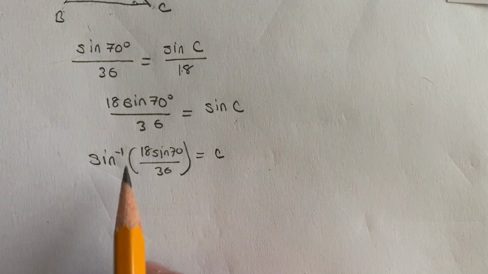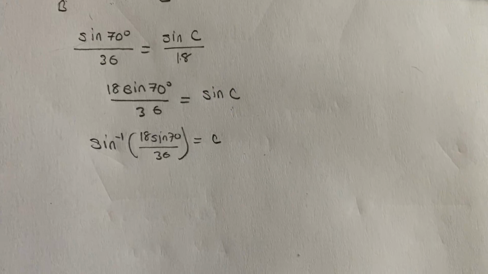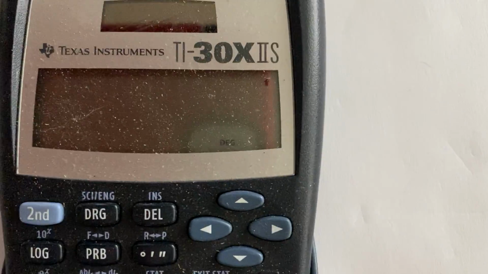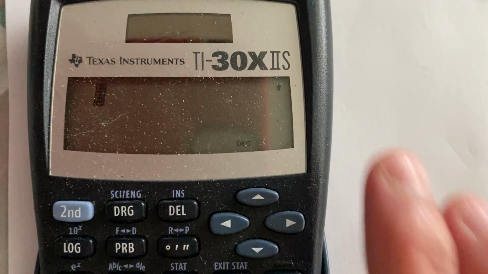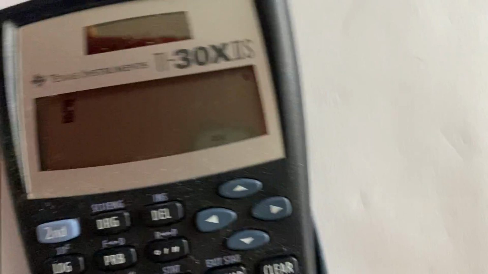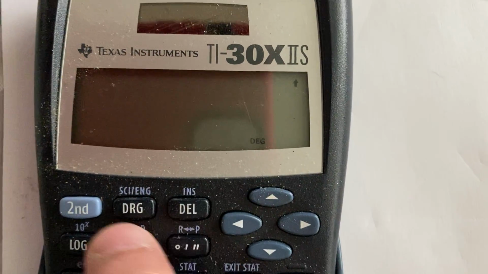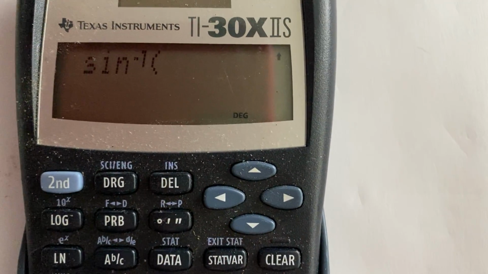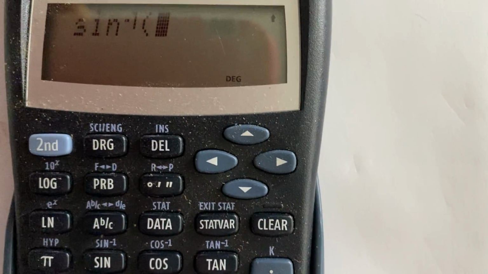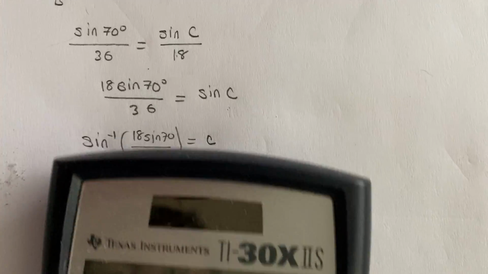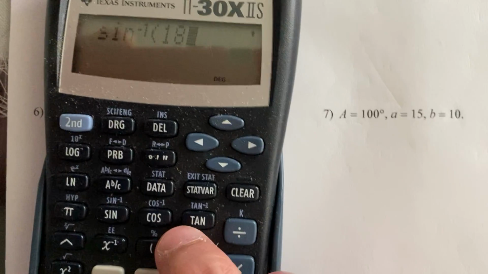Make sure you are in degree mode on your calculator. I'll show you on the calculator. Here's mine, it's a little bit dusty right now. I'm going to hit second, make sure I'm in degrees, then second sine inverse. My inverse button's right here. 18 sine 70.